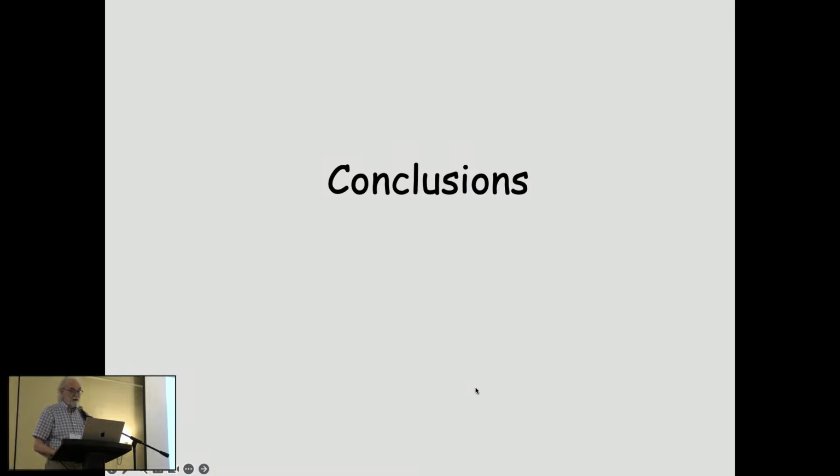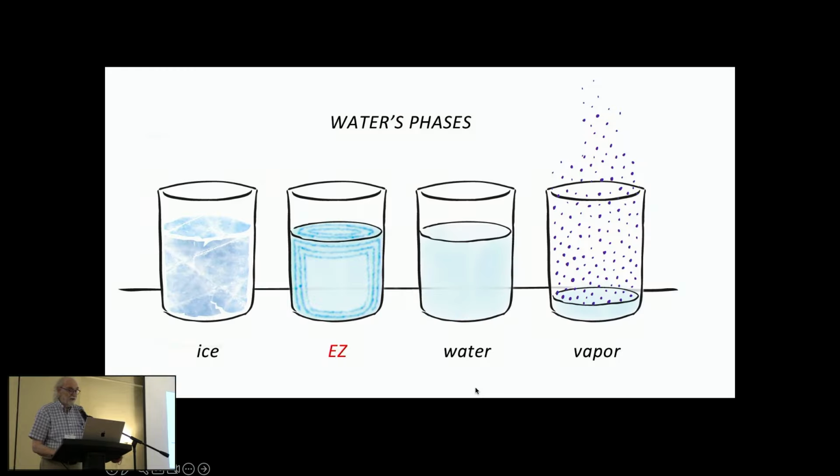So I conclude by saying, I guess the main central topic is that we all have learned that water has three phases: ice, liquid water, and vapor. We found a fourth phase, and we put it here between the ice and water because the fourth phase is hexagonal.